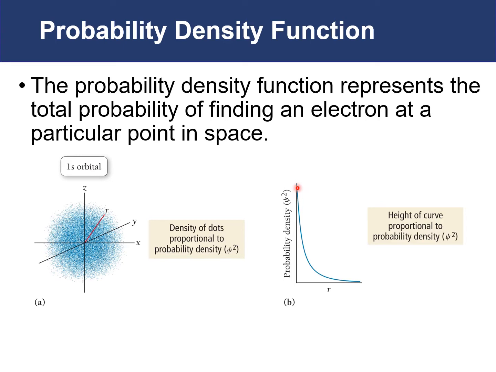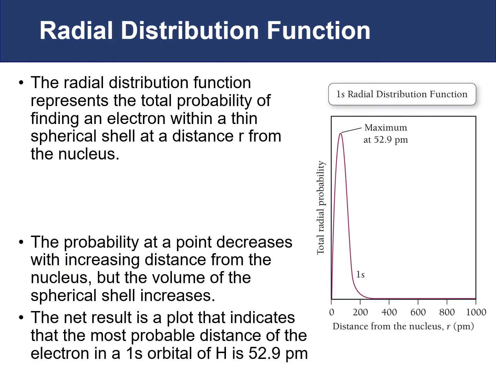Now, it should be mentioned that this is the probability if we look along a straight line. If we take that line and map it out in three-dimensional space, we get a radial distribution function. So the radial distribution function represents the total probability of finding an electron within a thin spherical shell at a distance r from the nucleus.